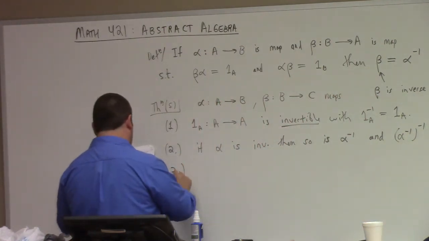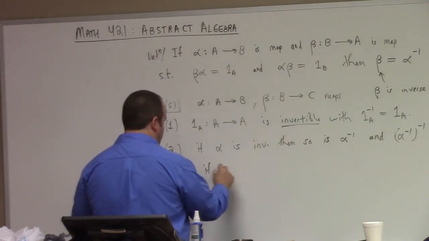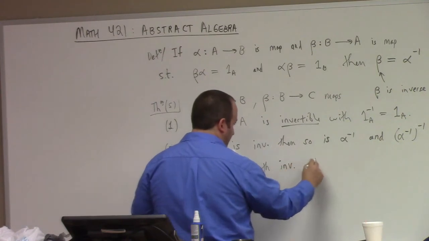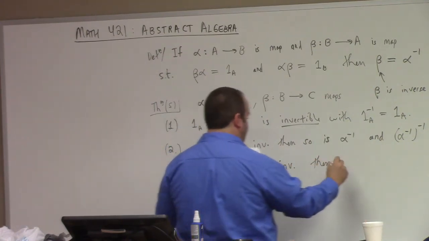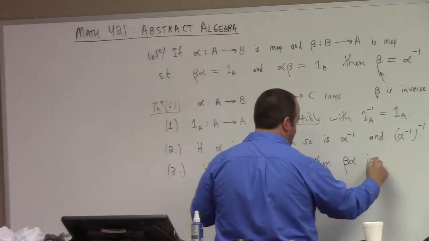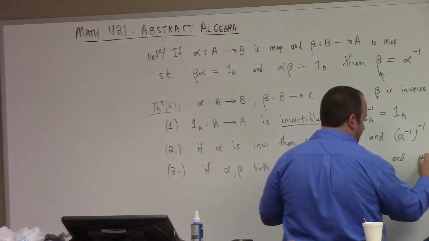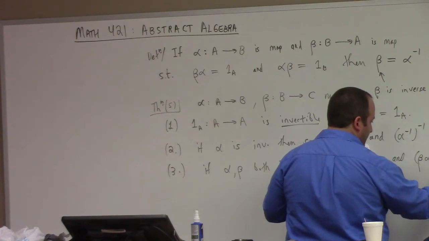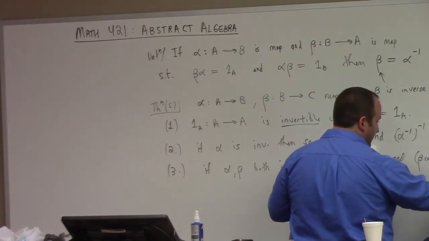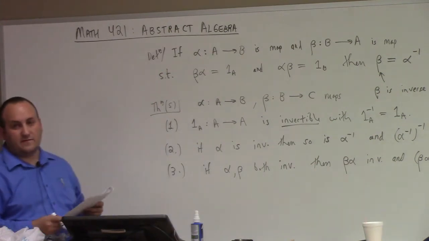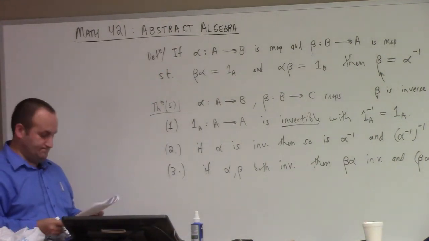Number 3, if alpha and beta are both invertible, then beta alpha is invertible, and what do we say? Beta alpha inverse is equal to alpha inverse, beta inverse. This is the socks-shoes identity for function inversion. All right.